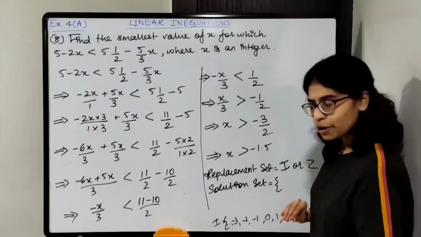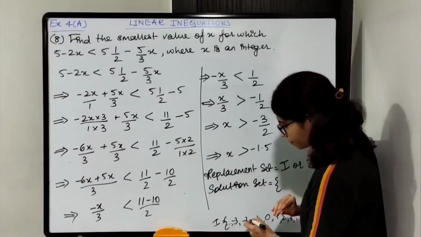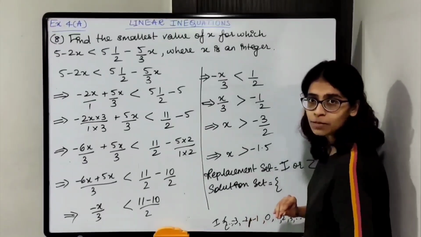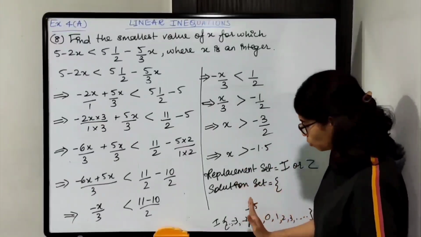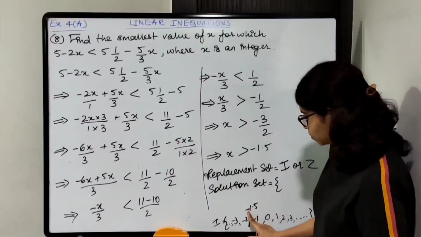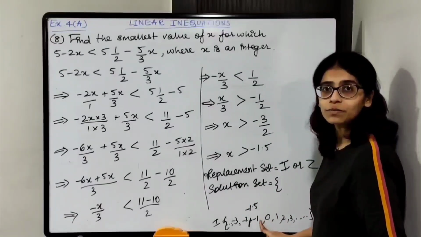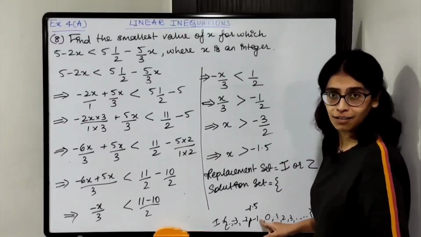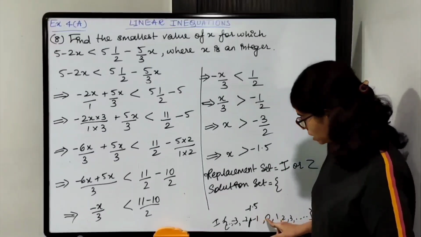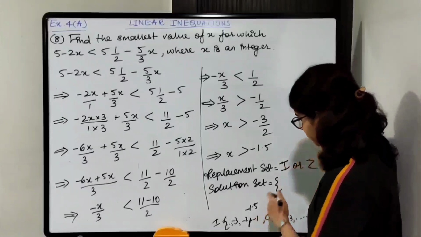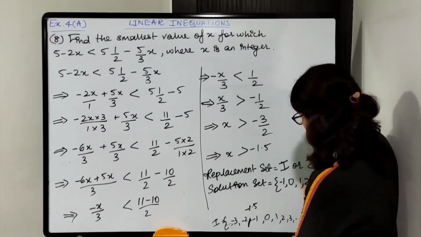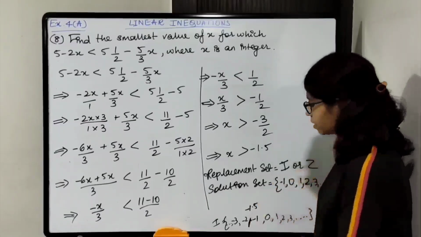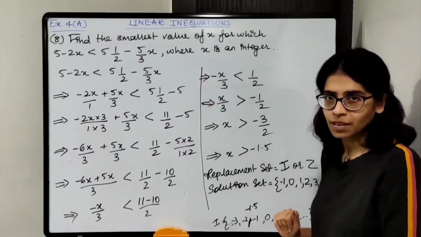Where is -1.5? In between, यहाँ पे in between -2 and -1. So -1.5 से greater है. So right hand side -1.5 से greater value कौन सा होगा? -1 है ना. -1, 0, 1, 2, 3. So all these values will be included in the solution set. Alright.